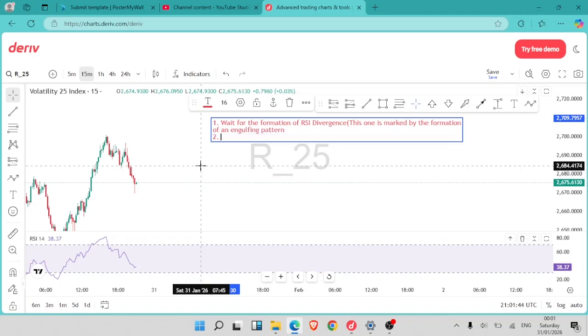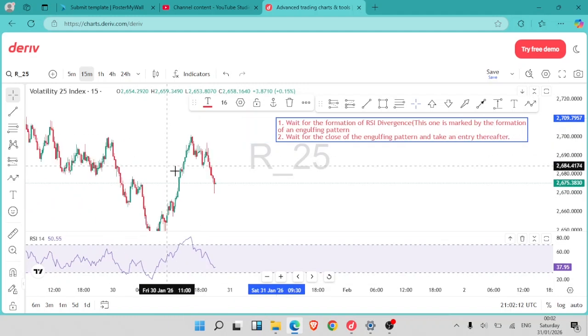Then the next step is to wait for the close of the engulfing pattern and take an entry. I'll define the entries, the stop loss, and take profit thereafter. So it's a very simple trading strategy.